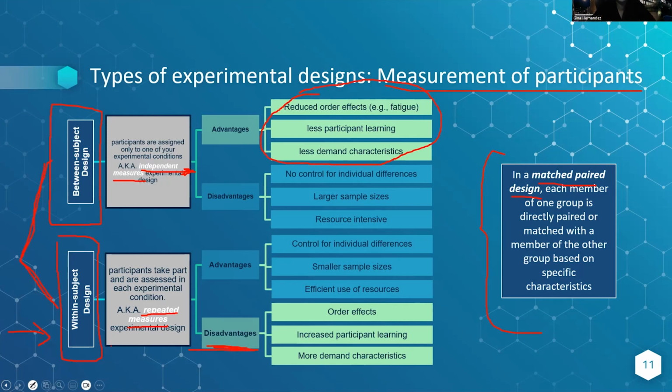In this case, for example, having two groups and just measuring participants once will reduce other effects, like fatigue, and also less demand characteristics, and also less participant learning, because you are not testing the subjects several times. So they don't learn your instrument, or what you are expecting from them.